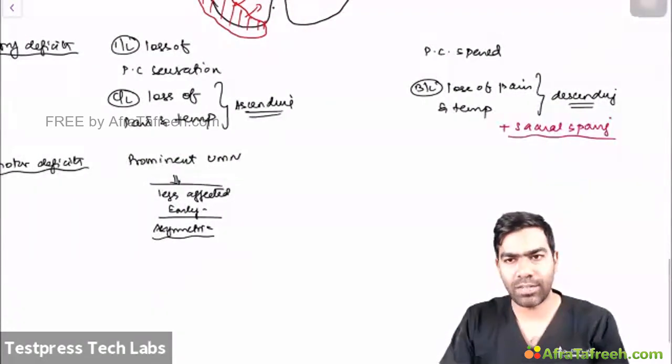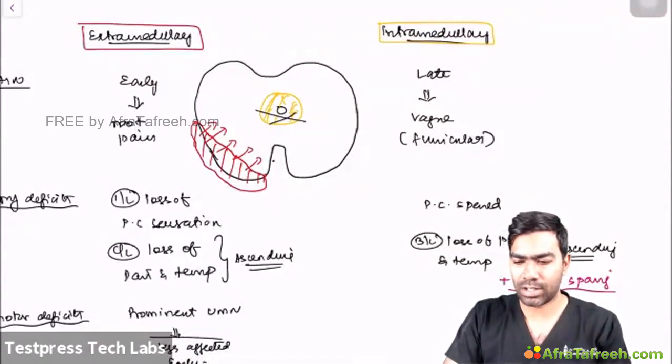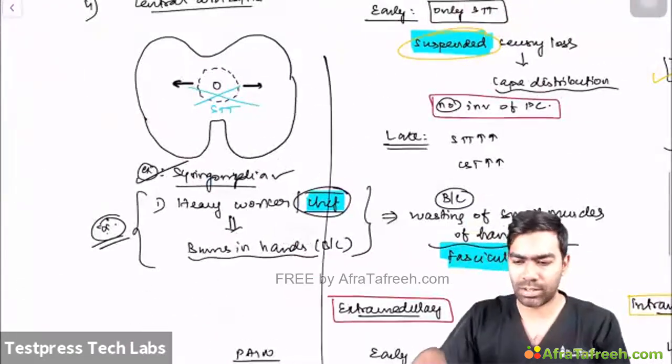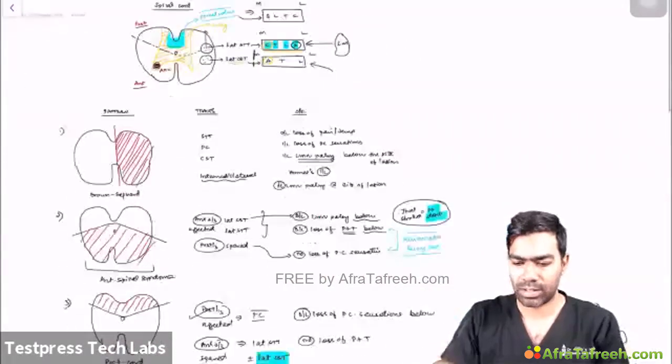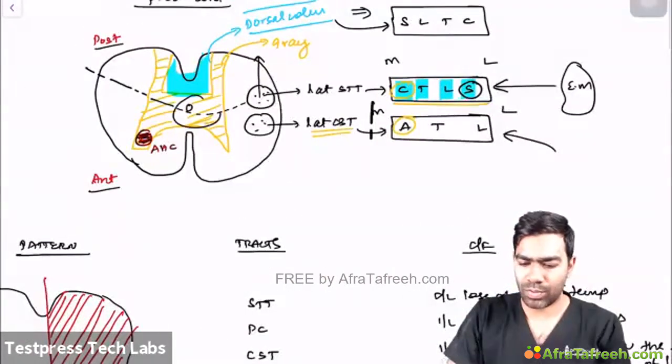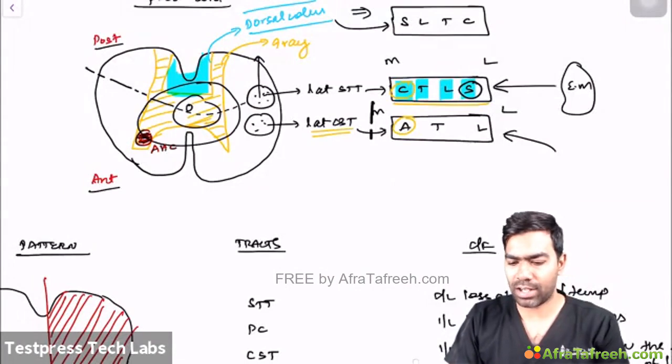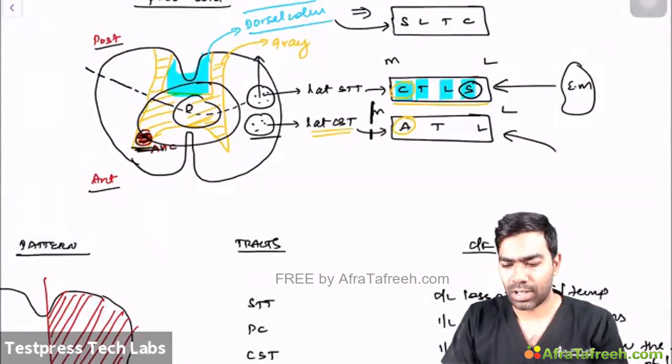On the other hand, if you take the central cord lesion, let us go back to our original diagram and see. Which will be basically affected first? Your anterior horn cells, or your lateral corticospinal tract?